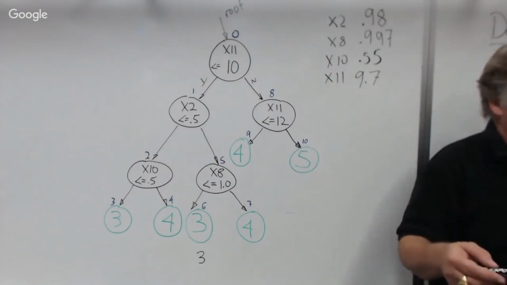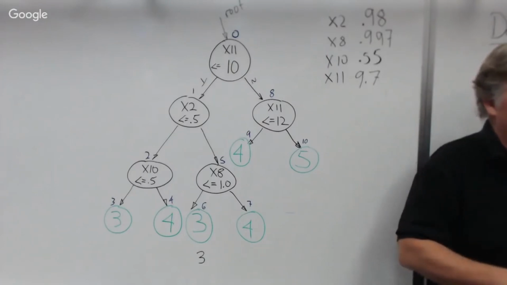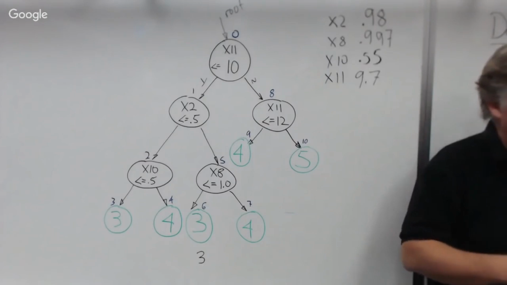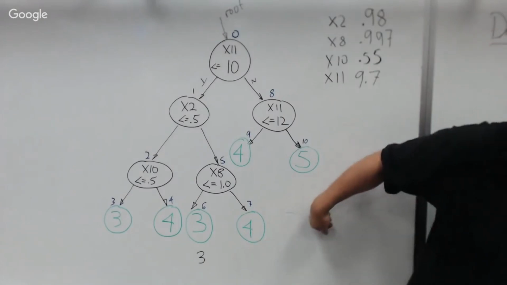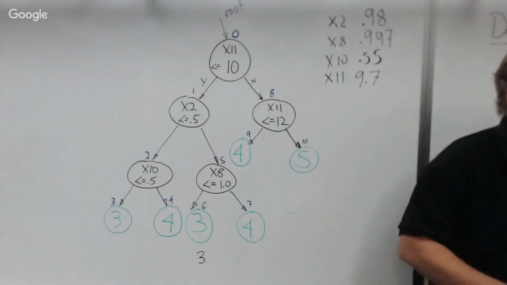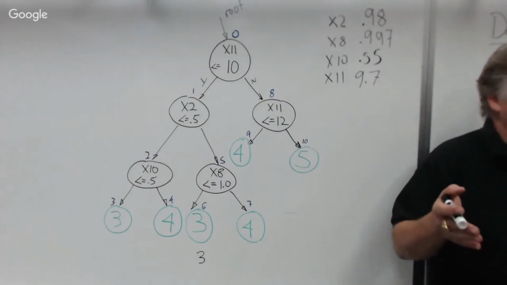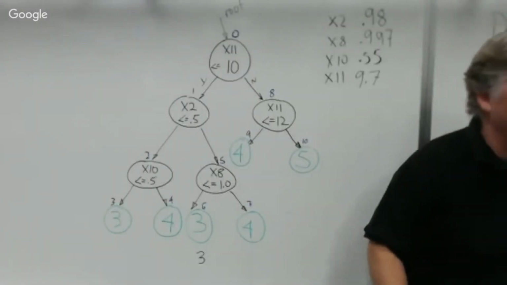Now, most ways of building a tree, if you build an exact tree, which means that each example is represented in one leaf, right? So if we took 800 samples, we would build a tree that had 800 leaves.